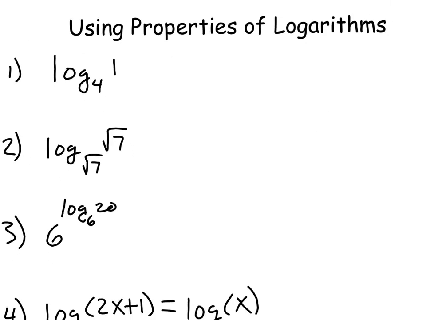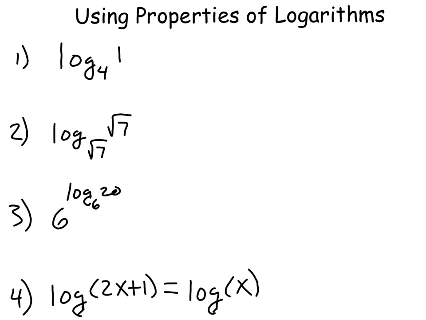All right, here's a few examples on using some of these properties. And you can kind of follow along with the properties because each one sort of goes in the same order. Okay, here we have a log base 4, but we're taking the log of 1. Right?